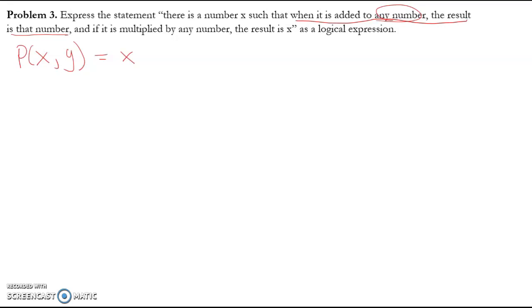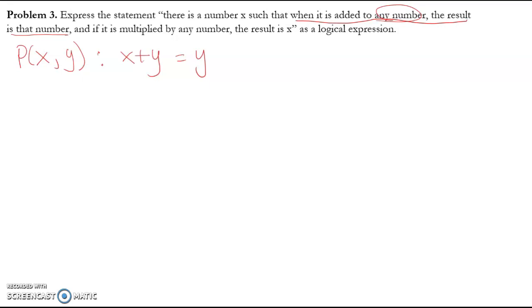For our case, we decided to use y. Okay. And sorry, this should not be equal. It should just be. Okay. Then this is going to equal to that any number, which is y. Okay, so we have that part.